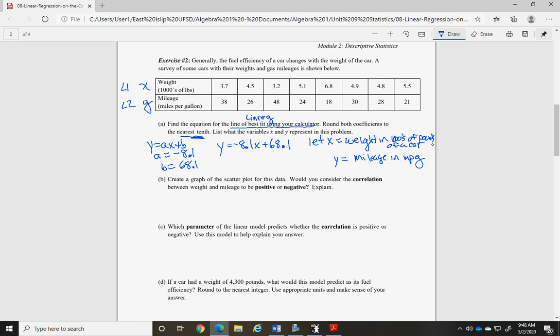It says to create a graph of the scatter plot for this data, and would you consider the correlation between weight and mileage to be positive or negative, and to explain.